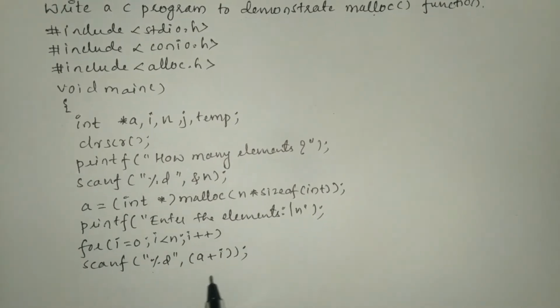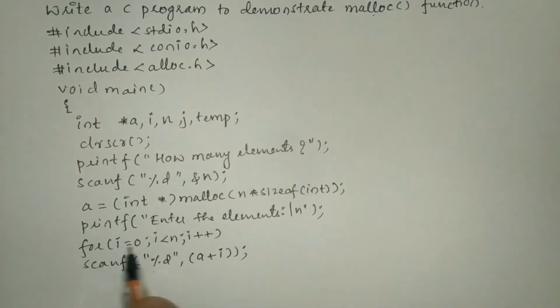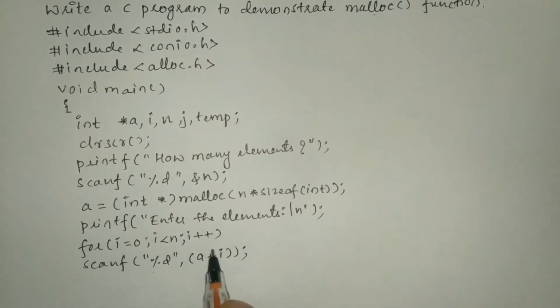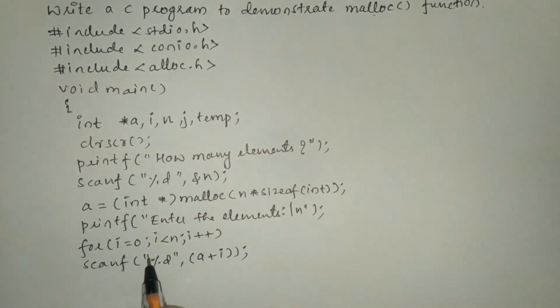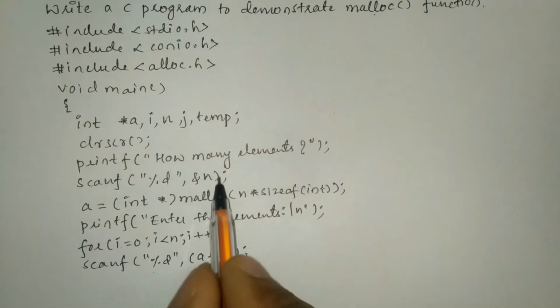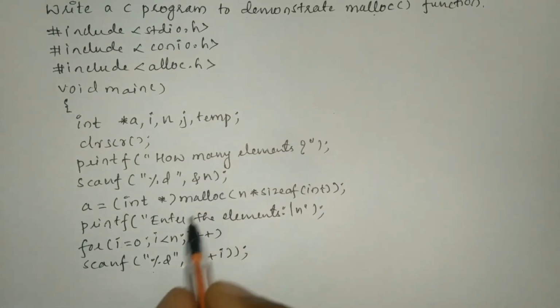Here we are going to receive the index number of this pointer array, and the value will be stored in the first index, a of 0, a of 1, a of 2, a of 3, and so on up to maximum n minus 1, whatever the value for n is inserted by the user.